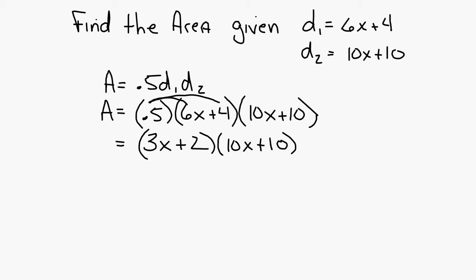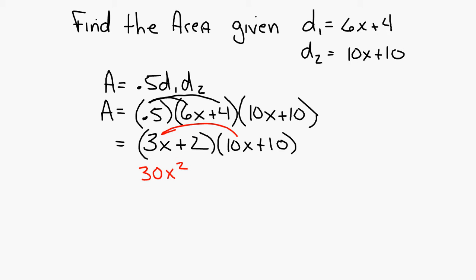Okay, now you've got a binomial times a binomial. You can use two methods: double distributive property, or you can use FOIL. It's the same thing. So the first step would be to take 3x and multiply it by 10x, so that's 30x squared.